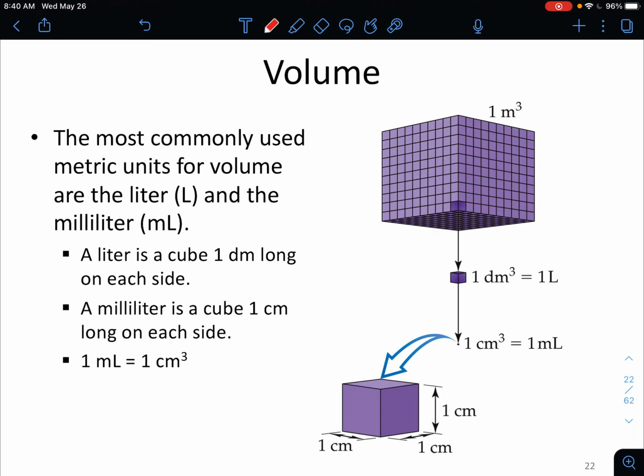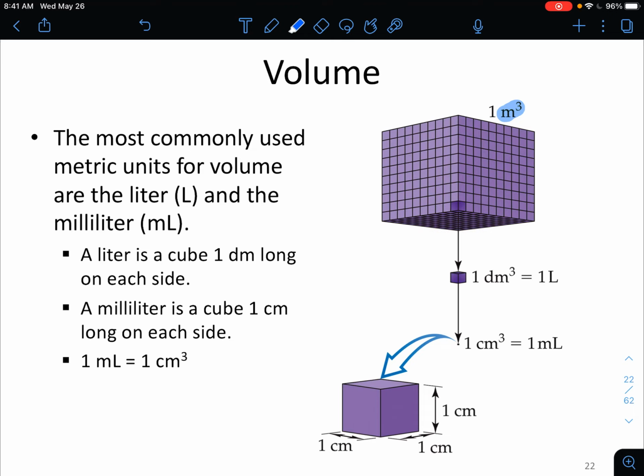Usually when we talk about cubed units, we'd say cubic feet or cubic meters, right? But what we want to do here is make sure instead that we're saying meter cubed, because it's meter times meter times meter. So especially when we get into unit conversions, that'll be an important distinction to make.